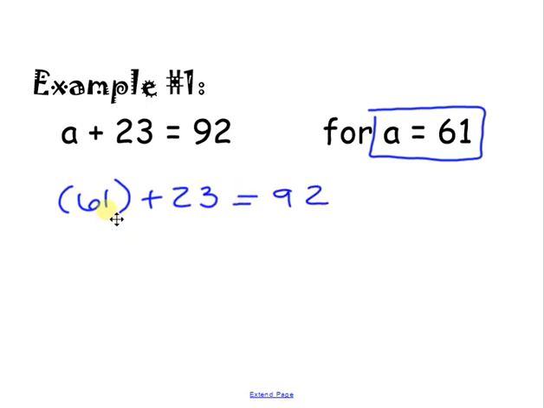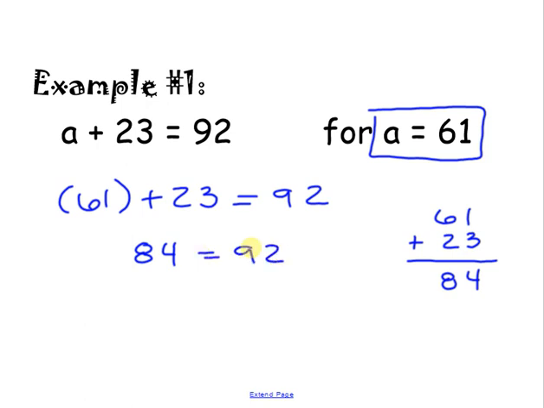Now go ahead and add 61 plus 23, and so this equals 84. And we bring down the rest of the problem. Here's our equal sign, 92. So is it true that 84 equals 92? No. So the solution does not work.